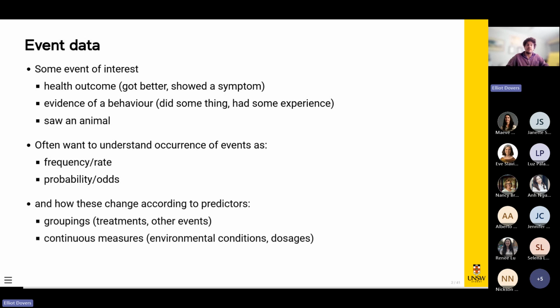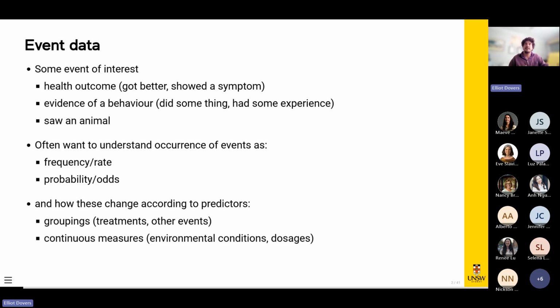And we then often want to say something about how these occurrence rates or probabilities change according to other predictors that we've measured. So things like groupings, other categorical things like treatment groups or other classifications, or continuous measures, things like environmental conditions or dosages.